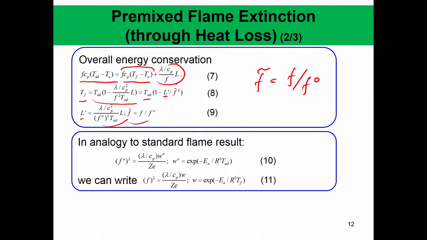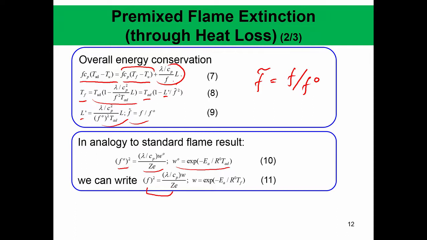Now if we go back to the standard flame result, that is F0 square is equal to lambda by Cp times W0 by the Zeldovich number, and W0 is equal to e to the power of minus Ea by R T0. If we now replace this, we say that a similar dependency will also hold when there is some amount of heat loss.